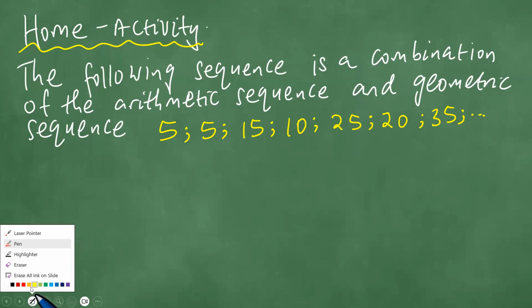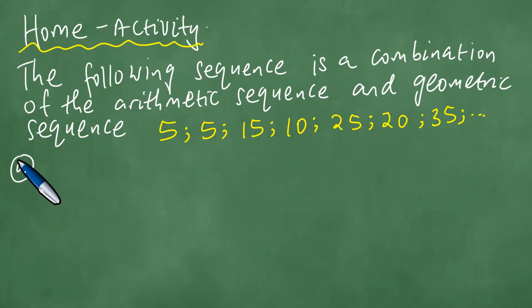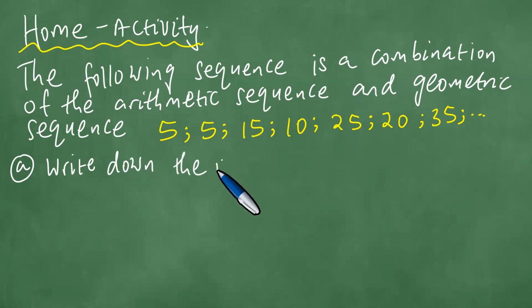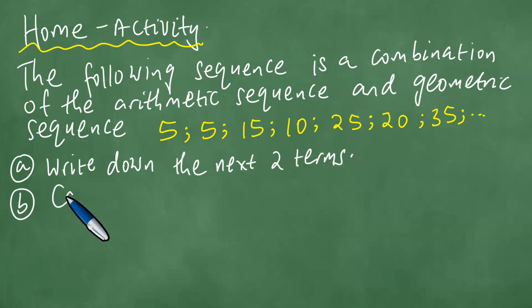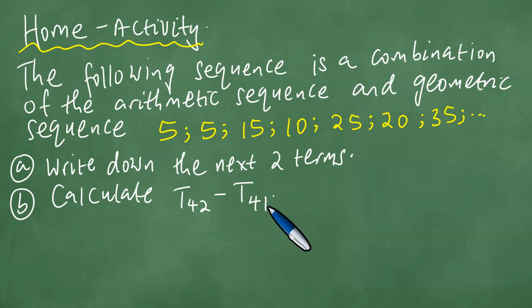Here comes the first question. A, write down the next two terms. B, calculate T42 minus T41.